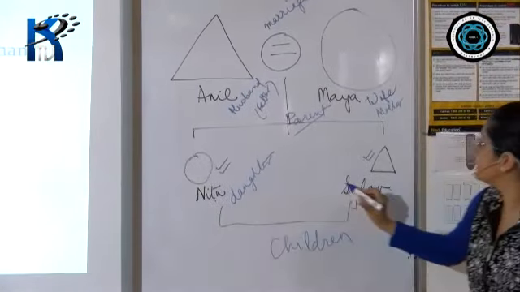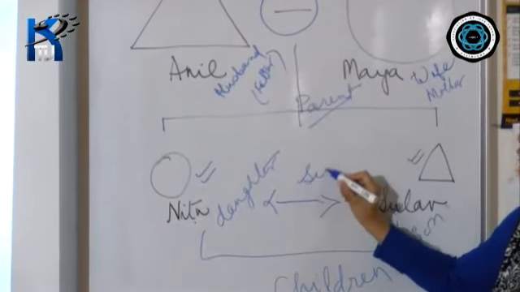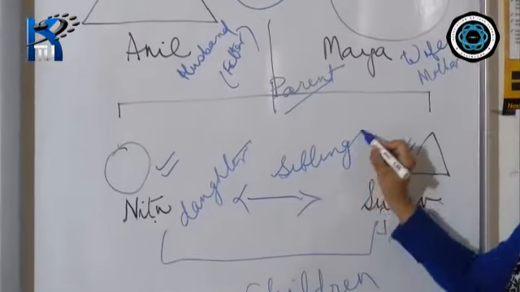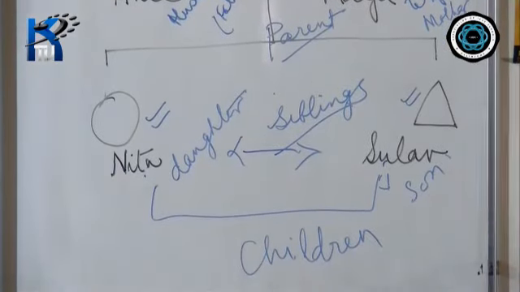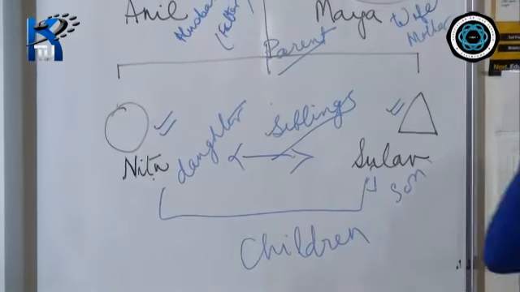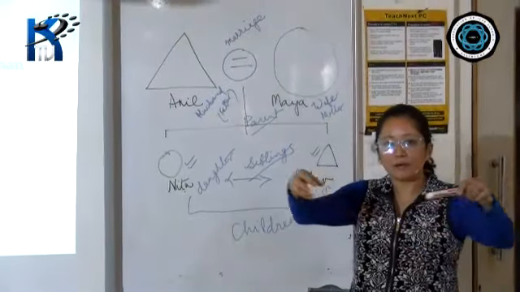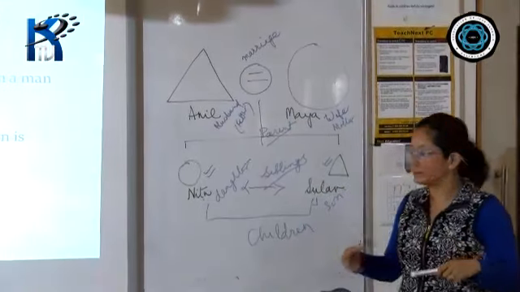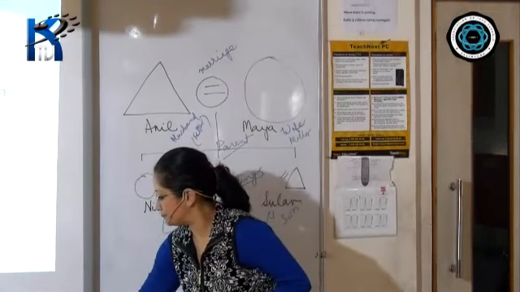And between Neeta and Sulabh, they also have another relationship, that of siblings, that of brother and sister. So this web that I was talking about, let me remind you of that spider in the middle and the web that it had just woven. This entire web represents that.